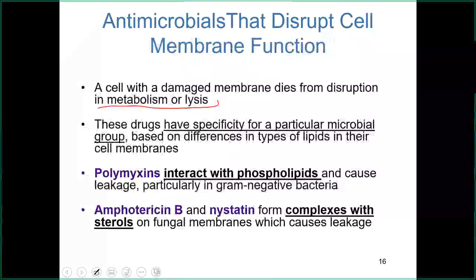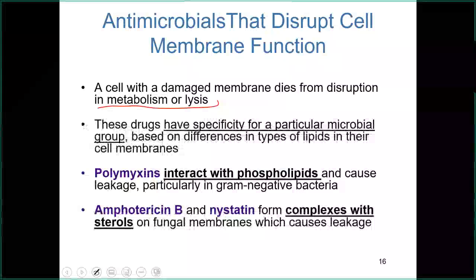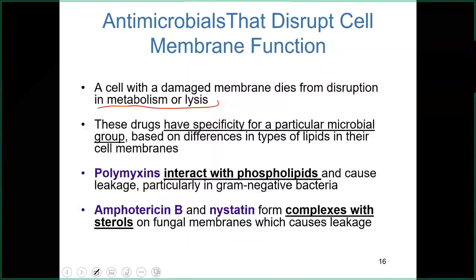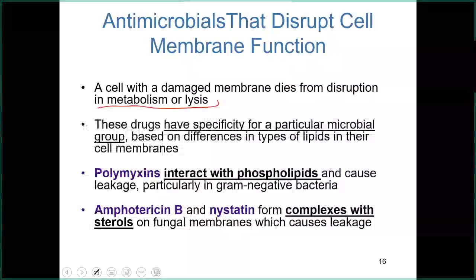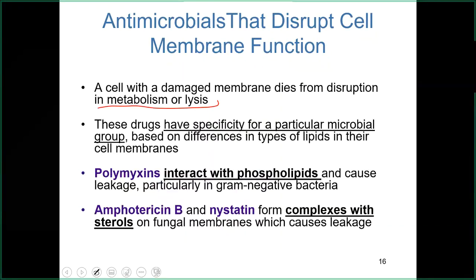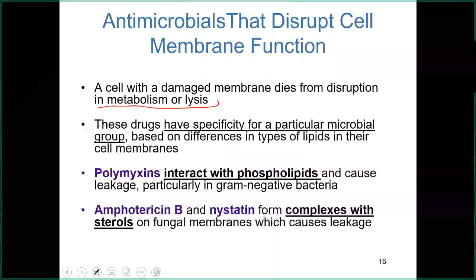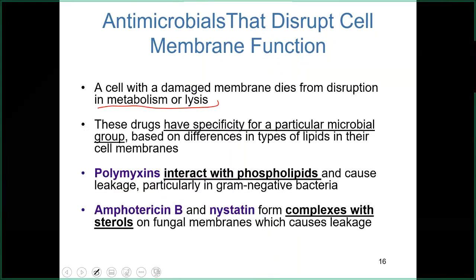One way to make them specific for a particular microbial group is to alter lipids that are found in them. These are lipid-containing drugs. And so they tend also to enter into cell membranes, which contain lipid. These are nonpolar drugs. Cell membranes tend to be nonpolar, and so these drugs will enter into them.